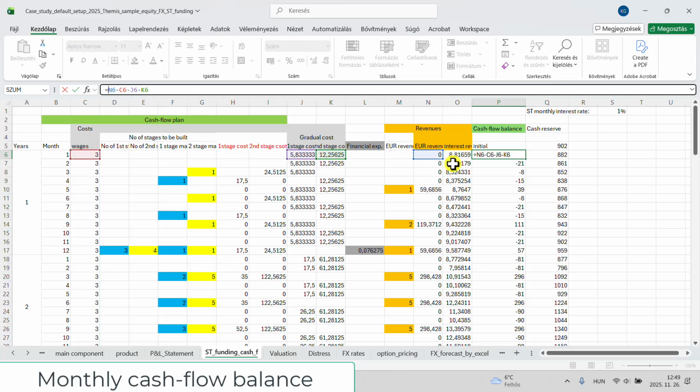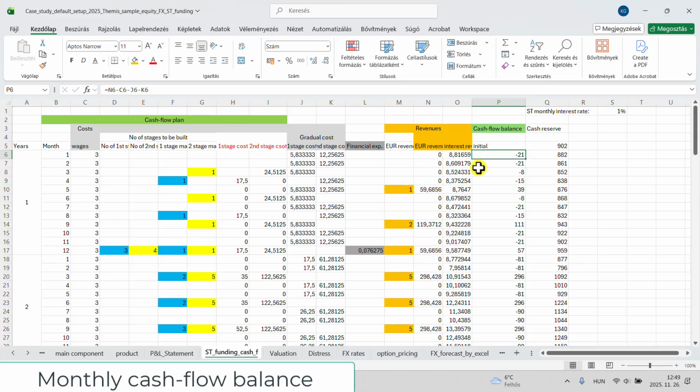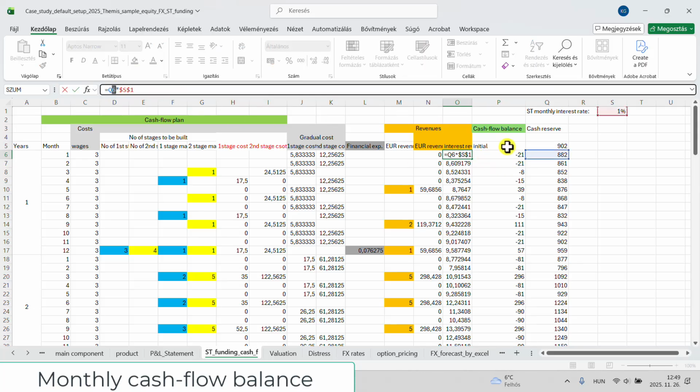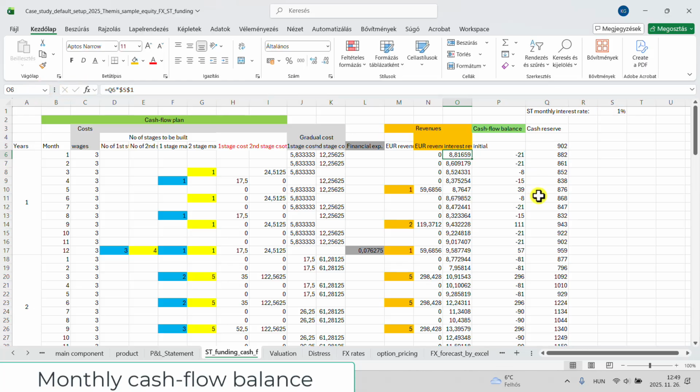Just in this case I'm creating a circular relationship, and Excel will not be happy at all. Because right now this is referring to that one, so it will just go in full circles.